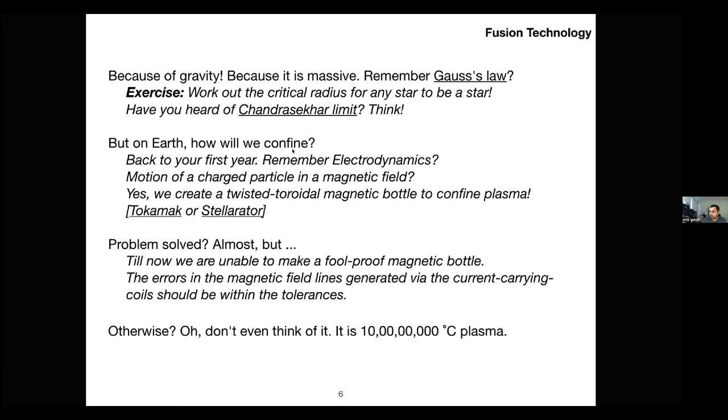Now, in a plasma, all of you are probably already familiar with plasma because it's a collection of charged particles with some extra properties. So now, if the particles are charged, you know the motion of a charged particle in a magnetic field.